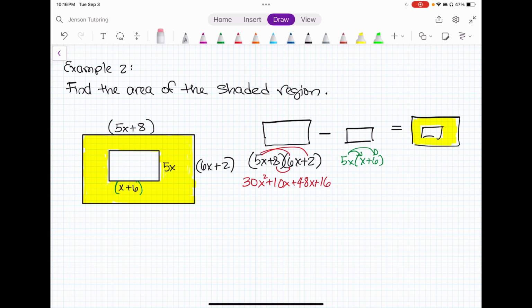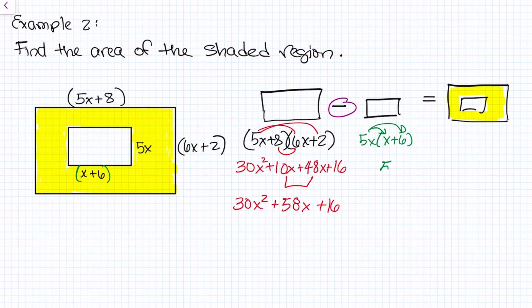Okay, so I want to combine these terms in the middle here. So I'm going to end up with 30x squared plus 58x plus 16, 5x squared plus 30x over here, and I want to subtract that whole amount.